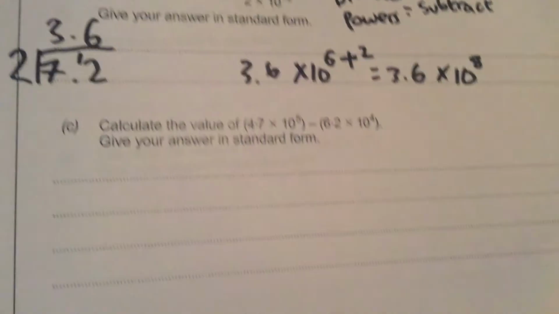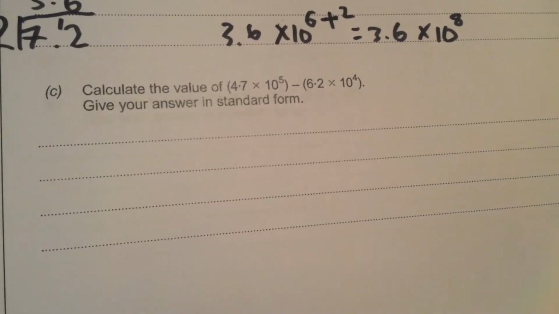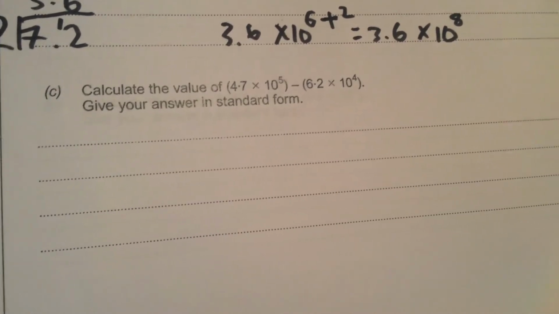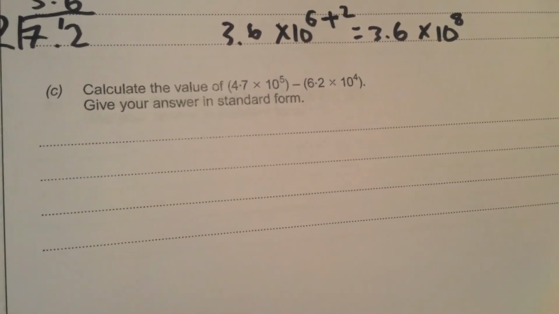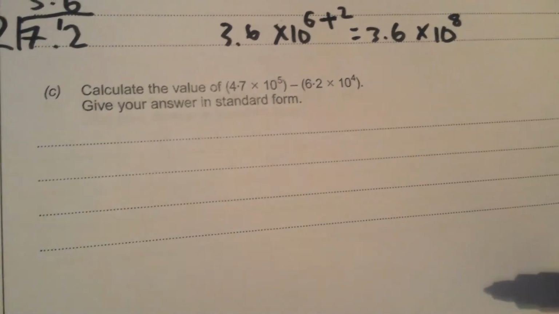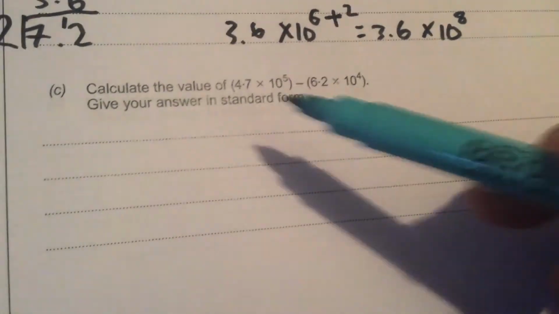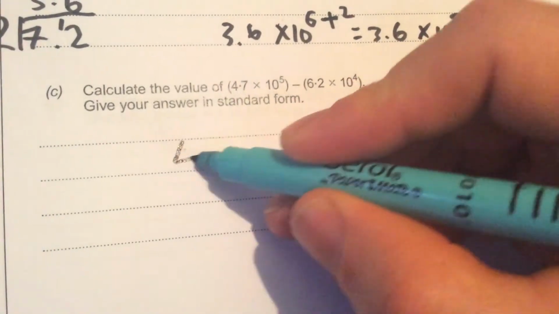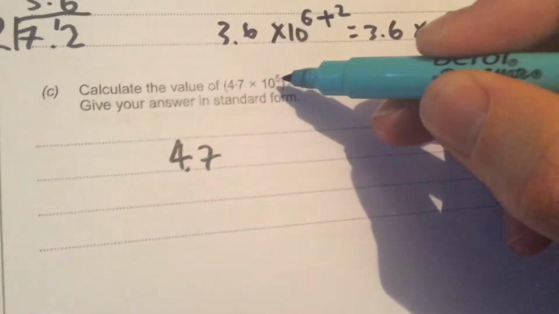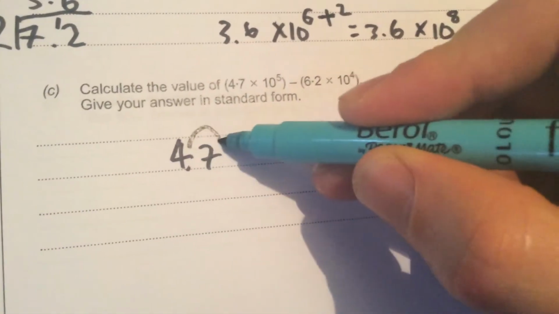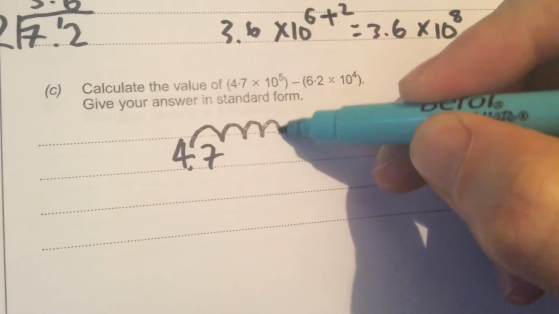Very straightforward. Now down the bottom, guys, this one is not a quick way of doing it. Basically, you've got to write them as normal numbers, take them away, and then put the result back in standard form. So 4.7 times 10 to the 5. Again, I'm starting with 4.7. That decimal point has to move over 5 spaces, so I go 1, 2, 3, 4, 5.